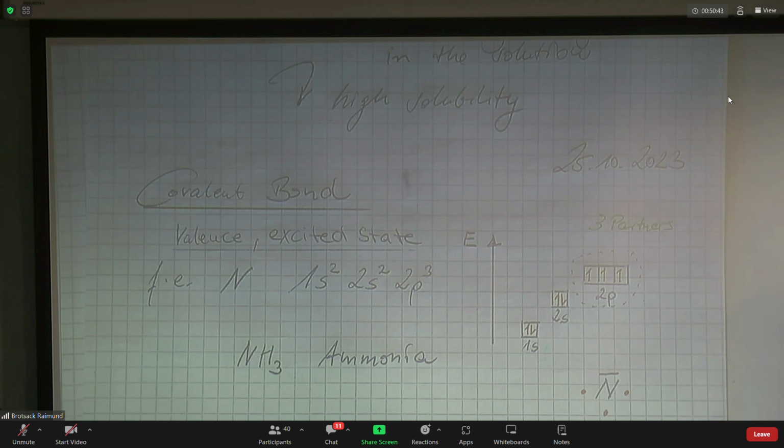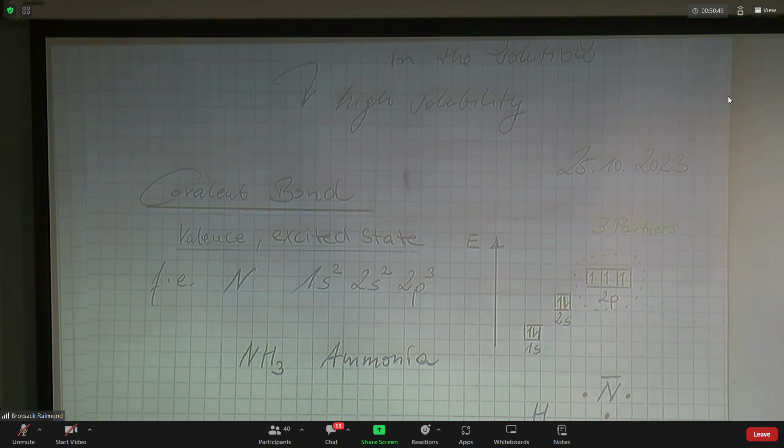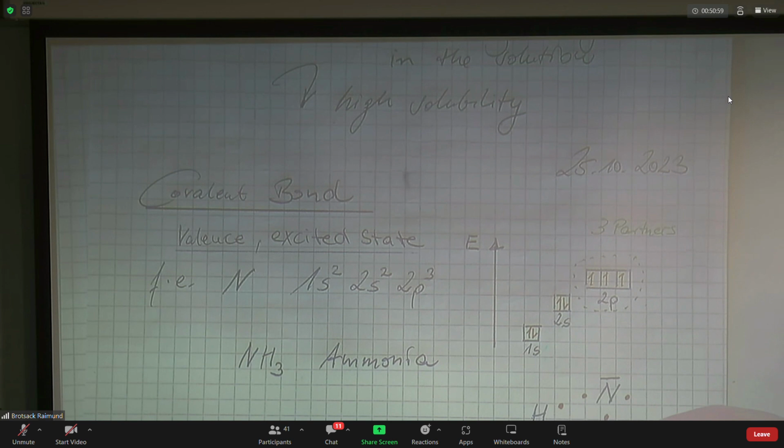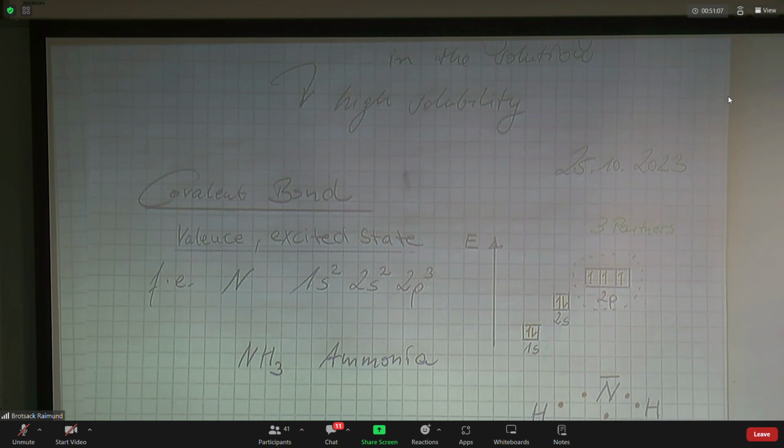Now, our partner is hydrogen. What do we know about hydrogen? How many electrons? Only 1. So the hydrogen can contribute to that bond with 1 electron. Again, another one, and a third one. So we have here, coming from the hydrogen, 1 electron.